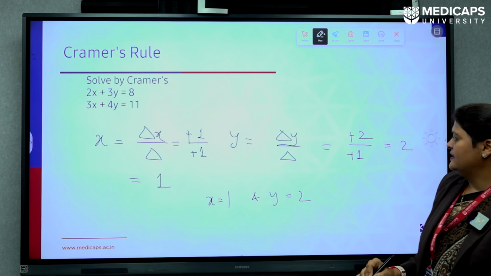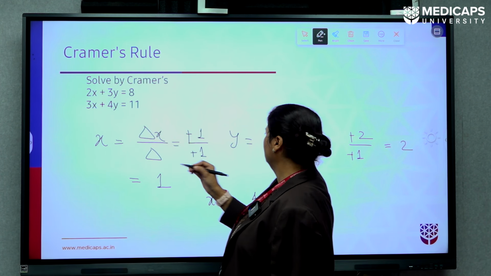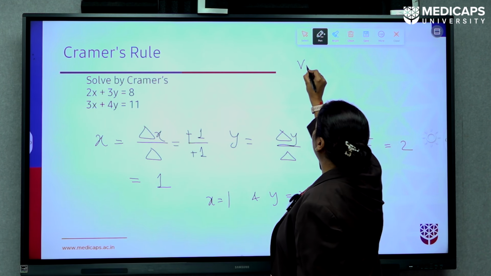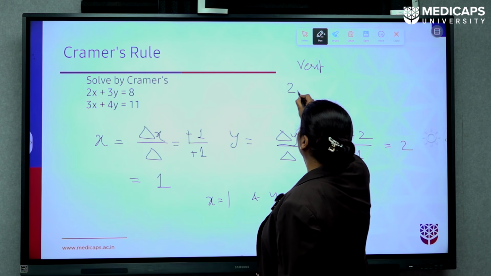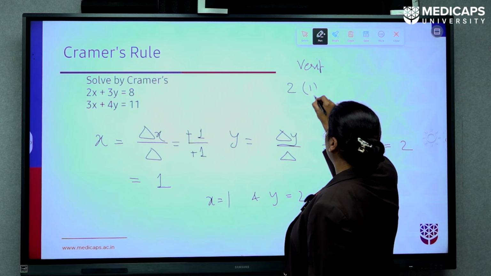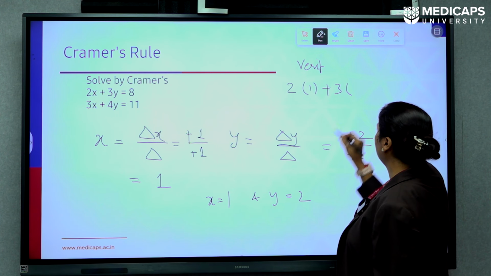You can always verify your solution by putting this value in any of the equations. So for verification, if the question is coming, verify your answer also. So verification: the value of x we have calculated 1 plus 3 y, y means we have 2.